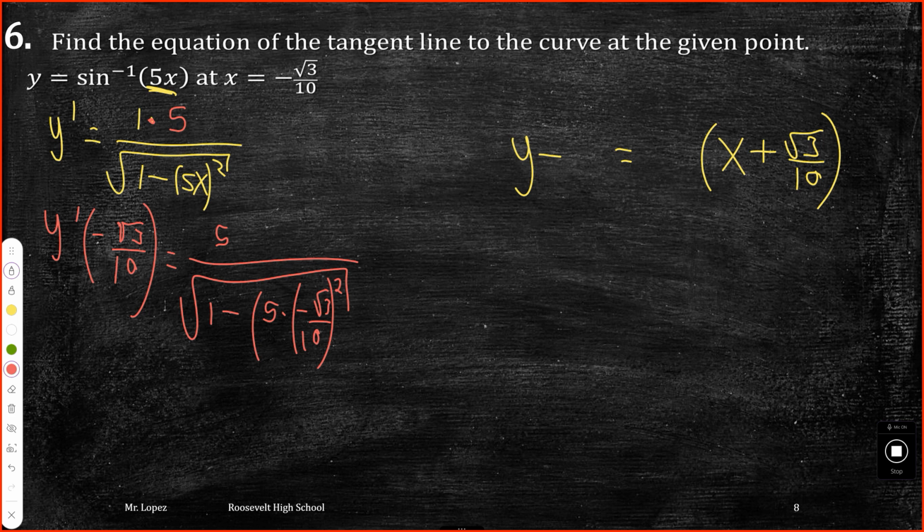All right, 5 over 1 minus, 5 goes into 10 two times, so it'll be negative root 3 over 2 squared.